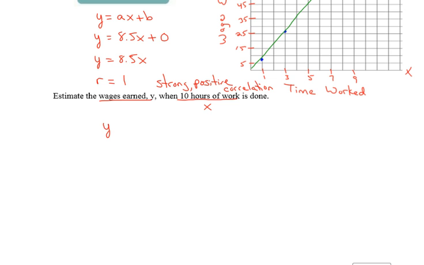So we use the linear regression, y equals 8.5x. We want to know what the wages earned was, which is our y, when we work for 10 hours, so we're going to substitute 10 in for x. We just multiply 8.5 times 10, and we get $85. So we can use the linear regression to help us find values that either aren't in the table or are far out in the future to help us predict.